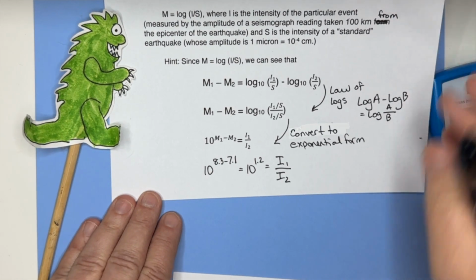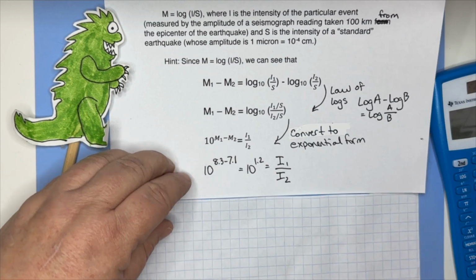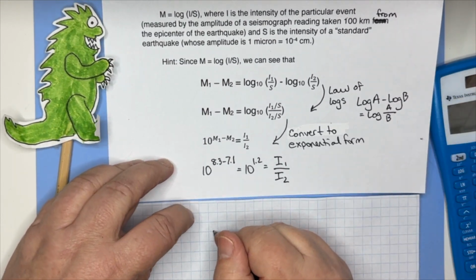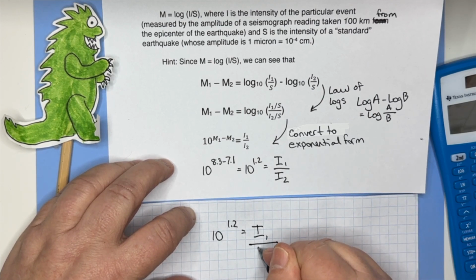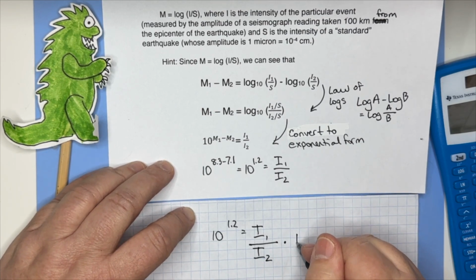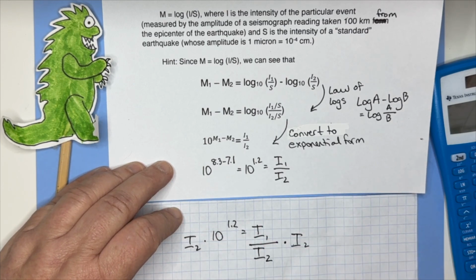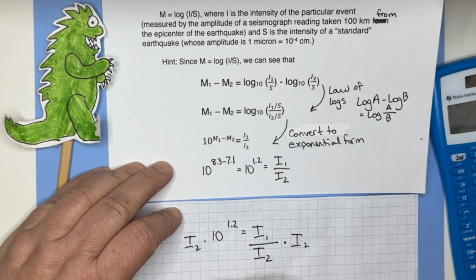So then I have 10 to the 1.2 equals I1 divided by I2. What if I multiply by the intensity of the second earthquake on both sides?